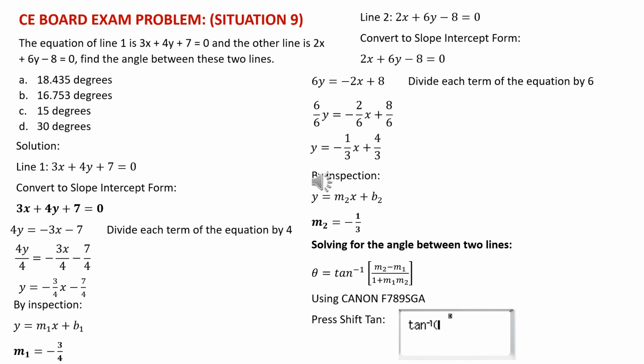Finally, solving for the angle between two lines, given the formula as shown below, theta is equal to inverse tangent of (m2 minus m1) over (1 plus m1 times m2). Using the Canon F789 SGA, we have to press the shift button, and then it will be shown to us on the monitor of our calculator.